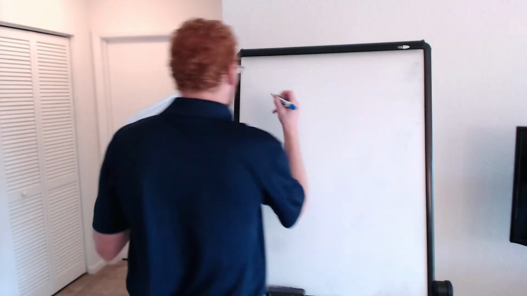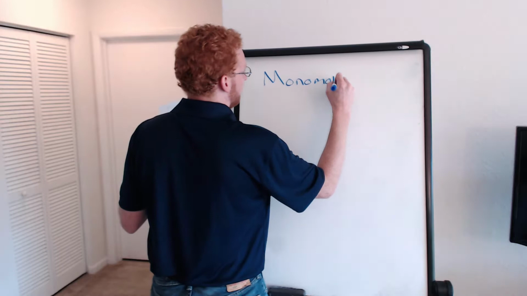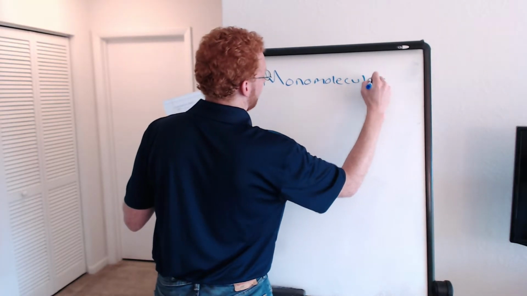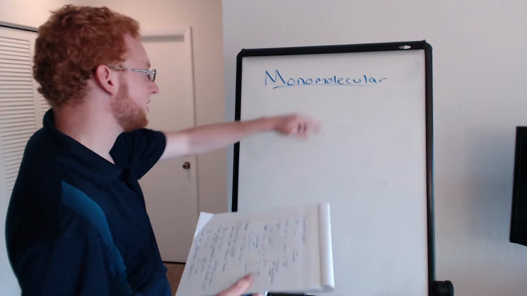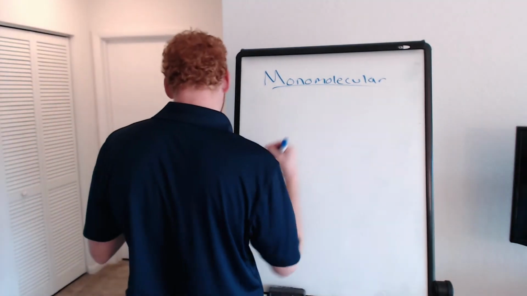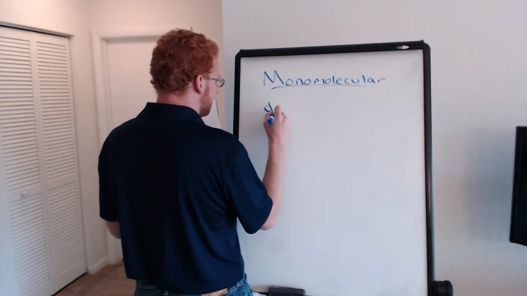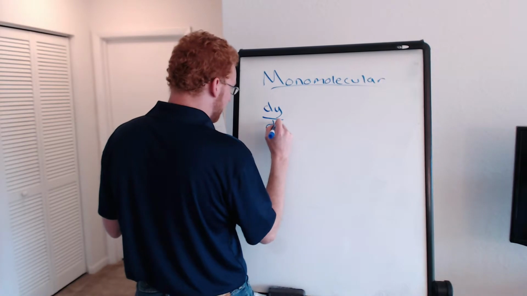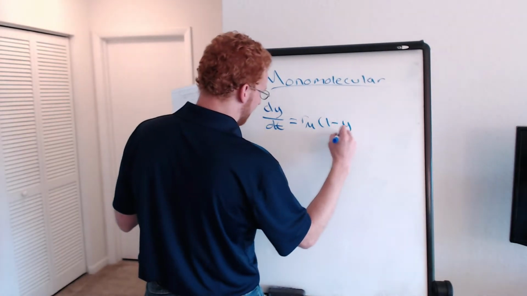Okay, so the next model is called the monomolecular model. The name supposedly derives from someone who was using it for molecular chemistry stuff. But the equation is dy/dt is equal to r sub m times (1 minus y).